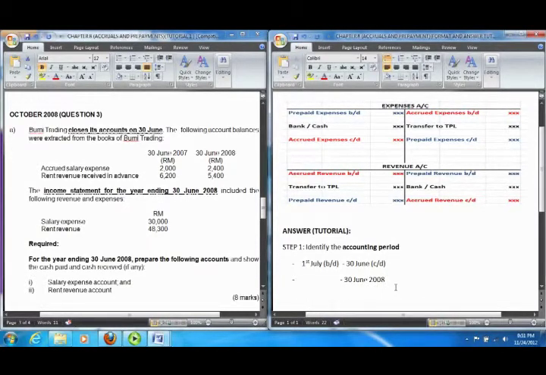It is very important, class. I will explain later. You need to know your accounting period first, and what the question requires you to do. The question asks you to do accounting for the year ending 30th June 2008.